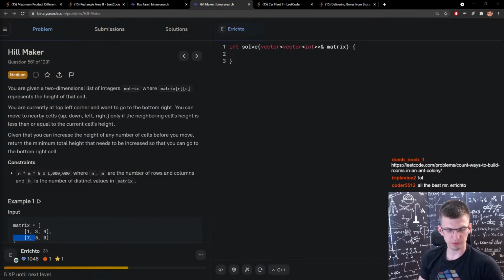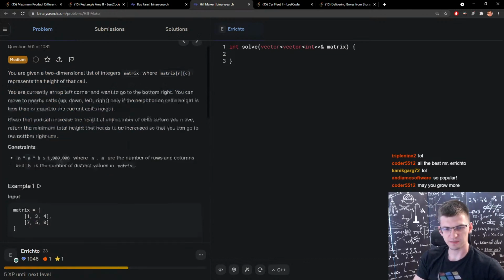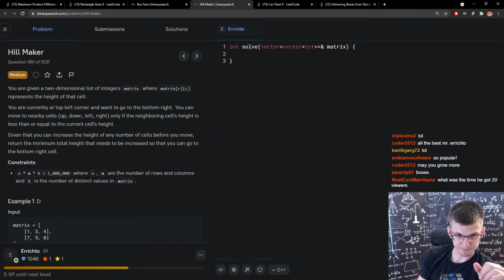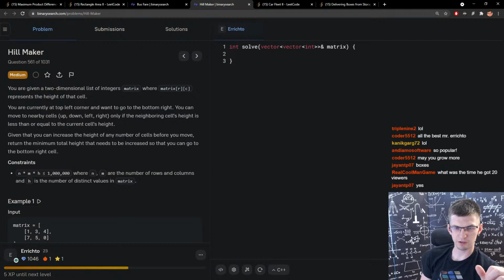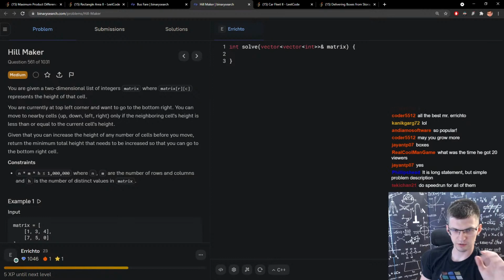Long statement is worth it. For which problem? Car fleet? For the DP optimization. Let's read this. If it's fine, I'm doing this problem. You're at the top left corner, want to go to the bottom right. Only to less than or equal, so you keep going down.